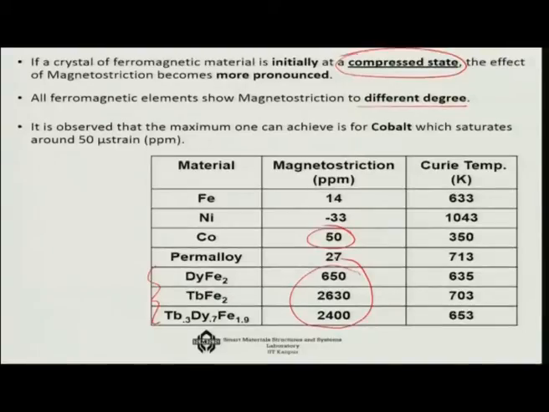That Curie temperature varies for different materials, but on average for these giant magnetostrictive materials it is 600 plus in terms of Kelvin. That means about 300 degrees or so. So what it essentially means is that up to 200 or 250 degrees, this system would work very well.